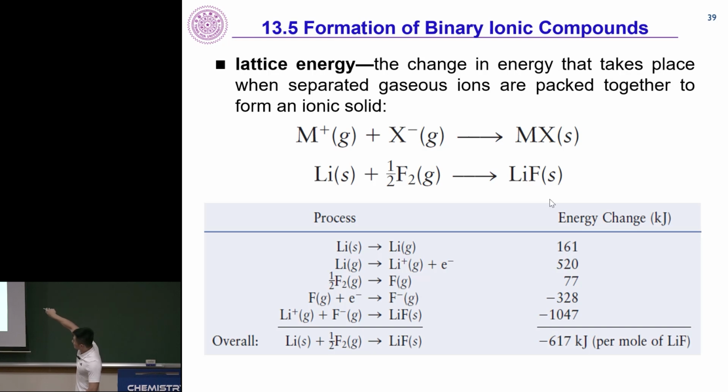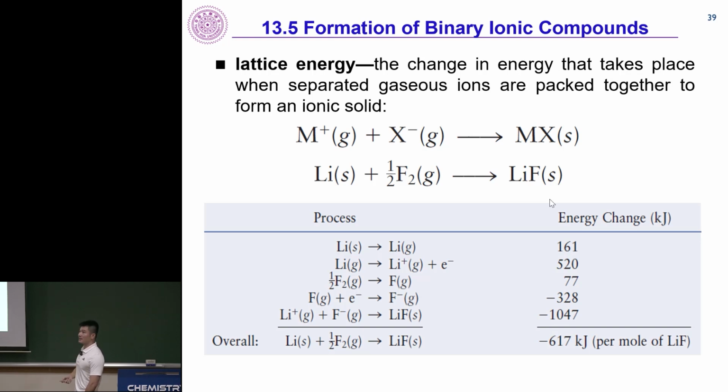So first, because we need the gaseous state, we first sublime lithium solid into lithium gas. The first one is more like sublimation, a phase change, right? And the second equation is ionization. We remove the electron from lithium gas into lithium plus gas plus an electron.